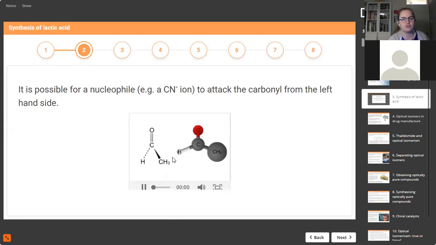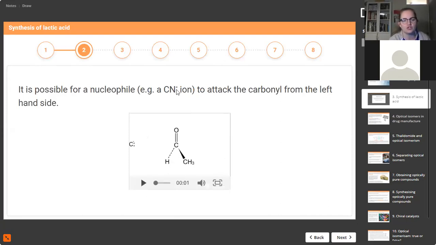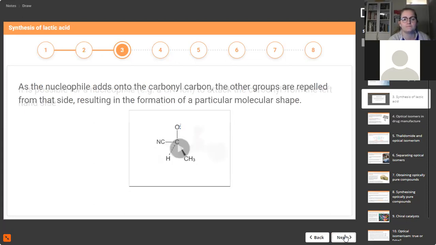It is possible for a nucleophile, a cyanide ion, to come along and attack the carbonyl group from the left-hand side, remembering that we've got this dipole-dipole interaction, so we've got a negatively charged part and a positively charged part. So the nucleophile comes along, we get bonding here of carbon-carbon, we lose the carbon-oxygen double bond, and then we have those two lone electrons there.